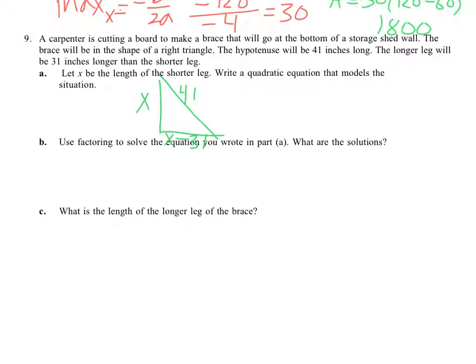Quadratic equation for this, because this one also makes a lot of sense to do. x squared plus x minus 31 squared is equal to 41 squared. And they'd like us to use factoring to solve this equation.